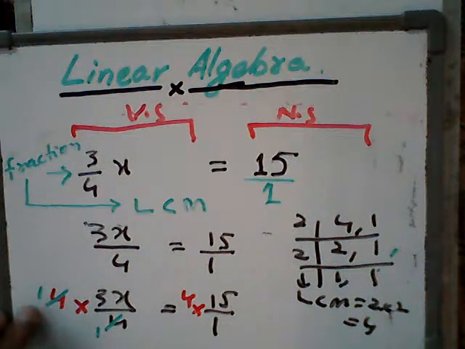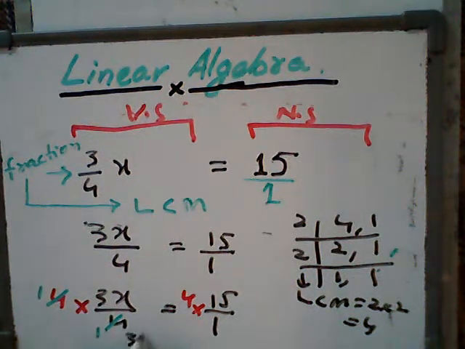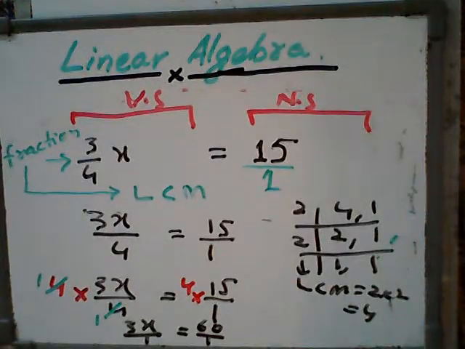So this will directly multiply. So 1 threes are 3, and 1 is there, so 1 threes are 3x. So it will give us 3x over 1 is equal 15 fours are 60 over 1. Now you can see 3x over 1 is equal 60 over 1.